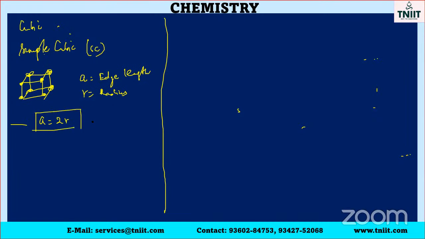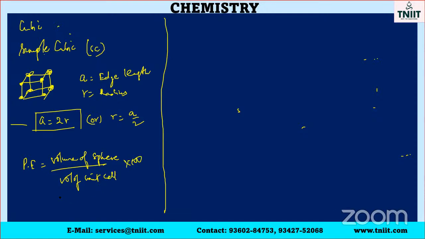This relation you should remember, or we can calculate the radius as r = a/2, edge length by 2. And for a simple cubic lattice, the packing efficiency is the volume of the sphere divided by the volume of the unit cell, multiplied by 100 if it's in percentage. So it will be 52.4% in the case of a simple cubic lattice.